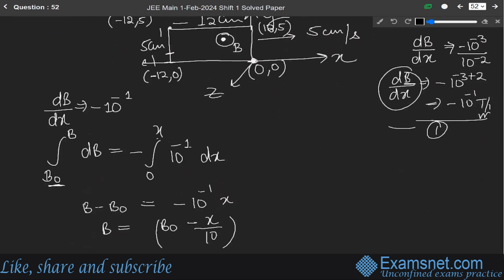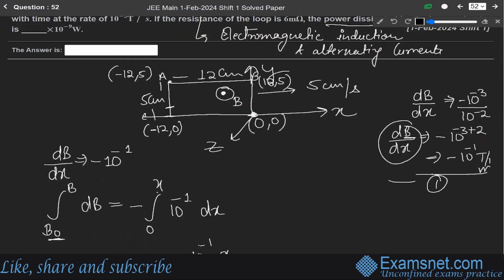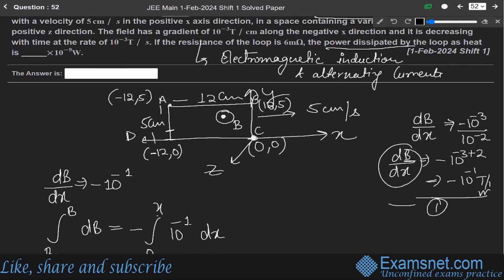Now let us say this is point A, this is point B, this is C, and this is D. In AB and CD, let us say the motional EMF in AB.